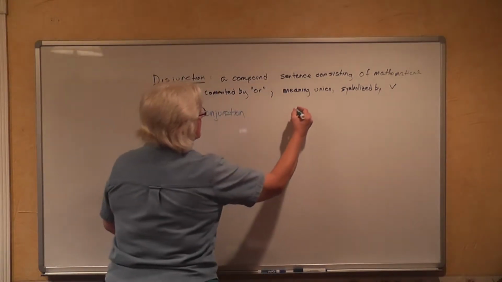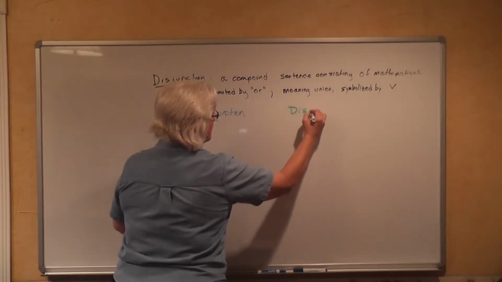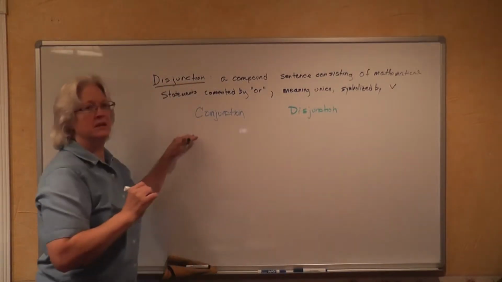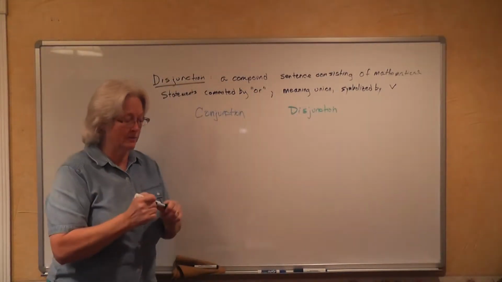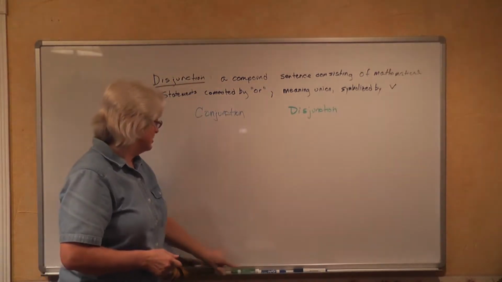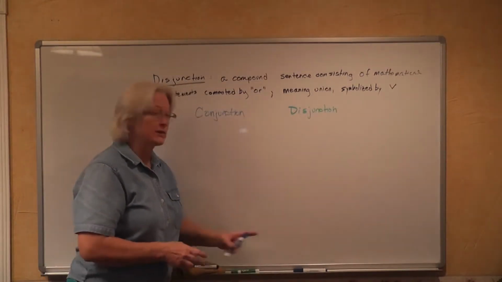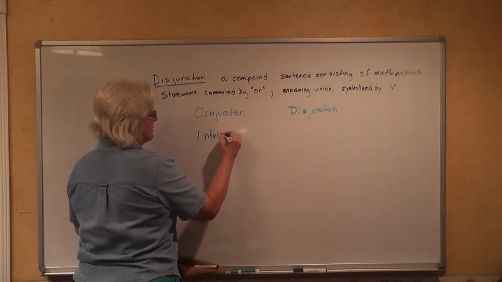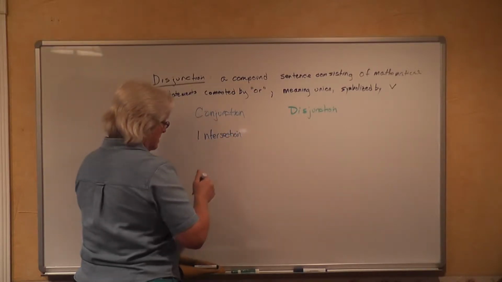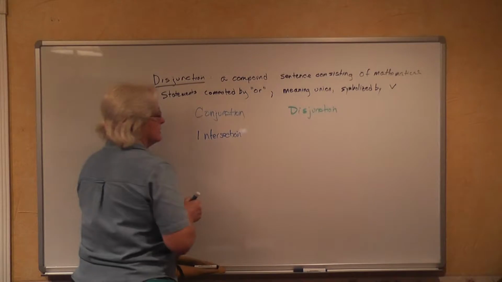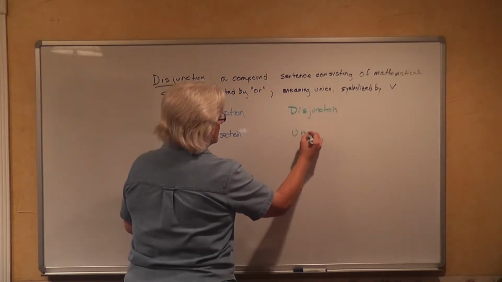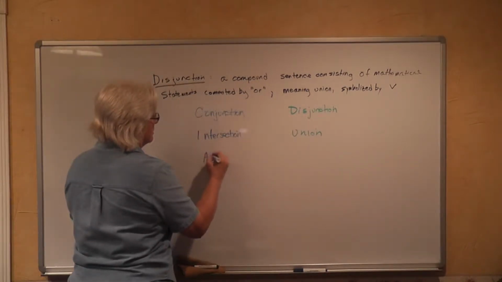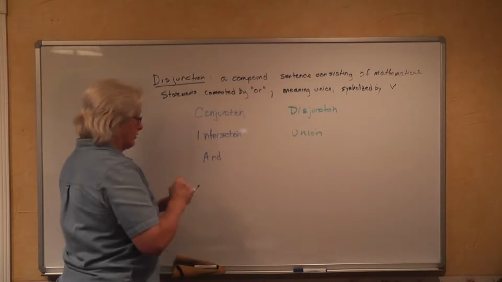And hopefully we're going to have some better markers going on here. C comes before D in the alphabet. Conjunction, disjunction. Intersection, and union. And, or.